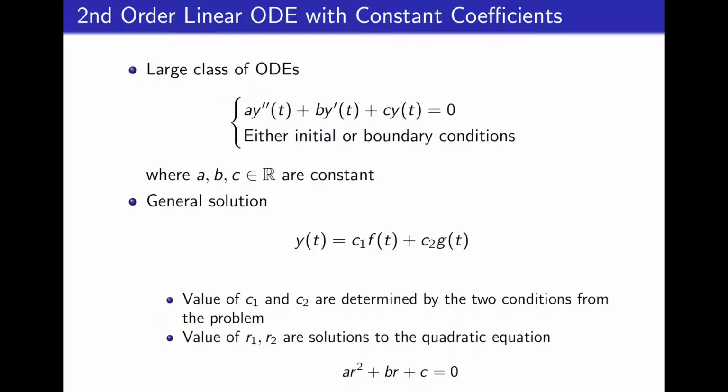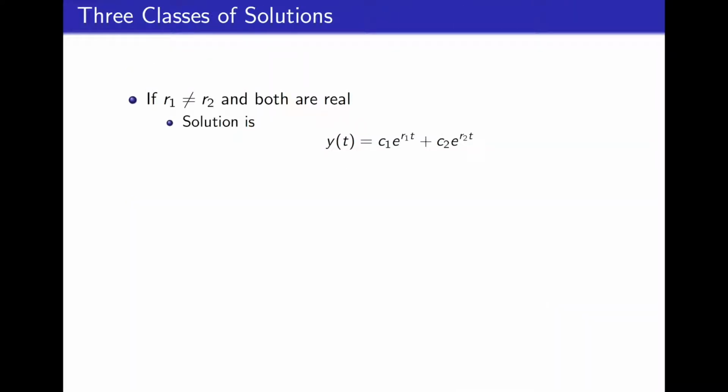The values of R1 and R2 are found by solving the characteristic equation given here, this quadratic equation. This can be solved using typical techniques of factoring or just the quadratic formula. There are three classes of solutions that can come from this second order ODE, and it depends on the values of R1 and R2.